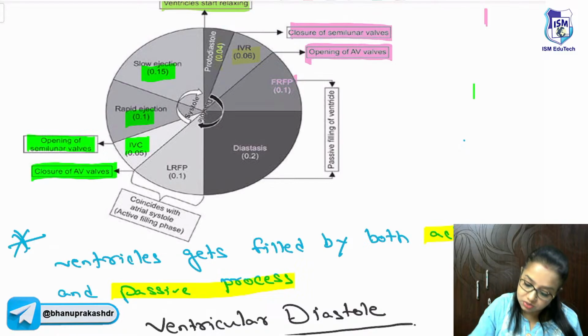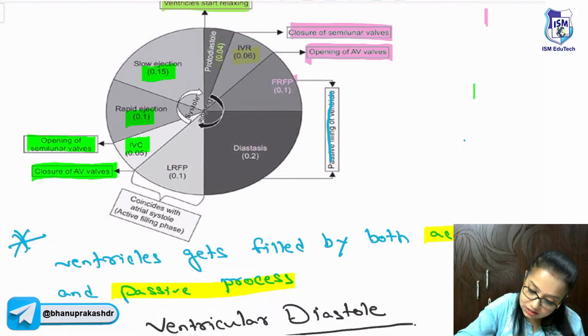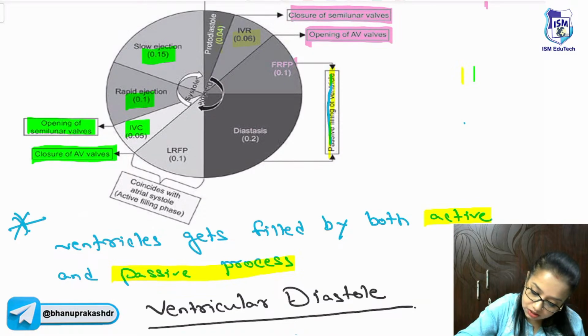So if you remember that left out part in the pie chart which I told I would be telling you, here you see this fast filling and the slow filling, which is the last filling. These are actually making the passive filling of the ventricle.